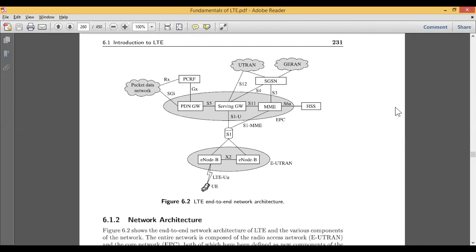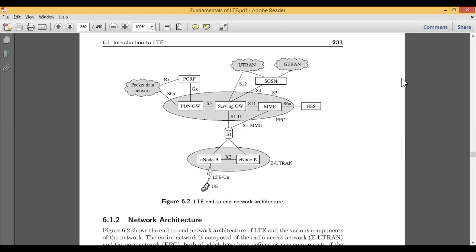Now, in this figure number 6.2, which shows the LTE end-to-end network architecture, if you look at this architecture, this is a kind of network where all the blocks are interconnected with each other with some gateways or routers, some kind of packet data network, and some kind of user equipments.